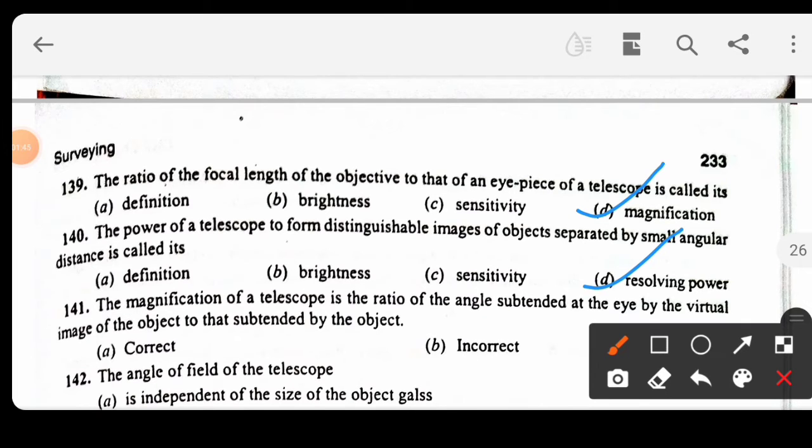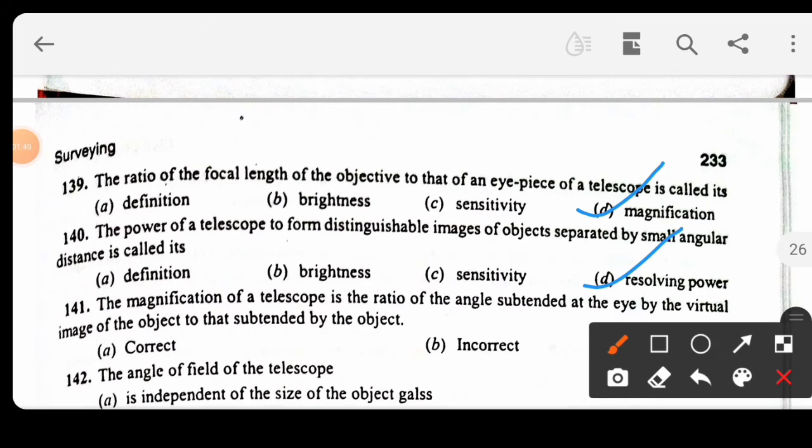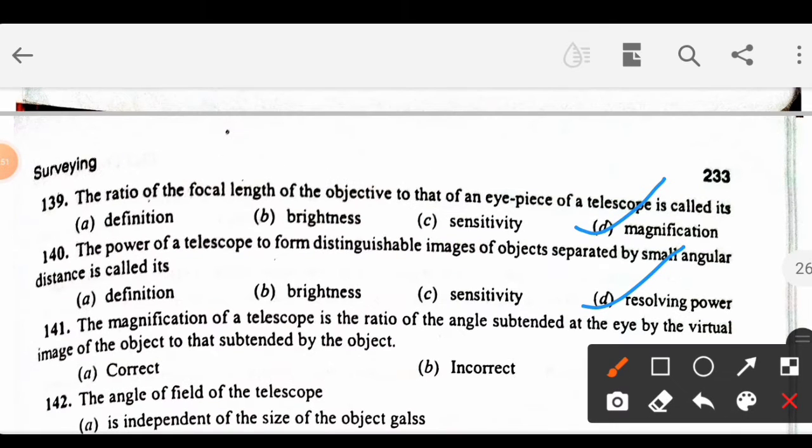Correct answer D. The magnification of a telescope is the ratio of the angle subtended at the eye by the virtual image of the object to that subtended by the object. It is correct.